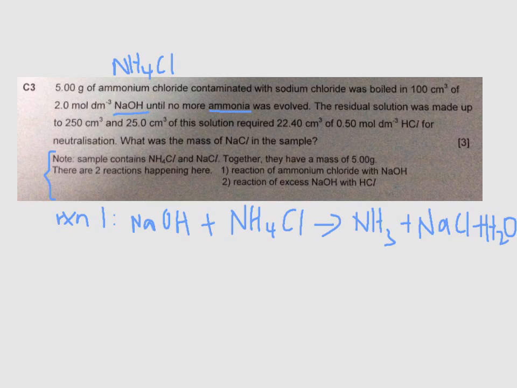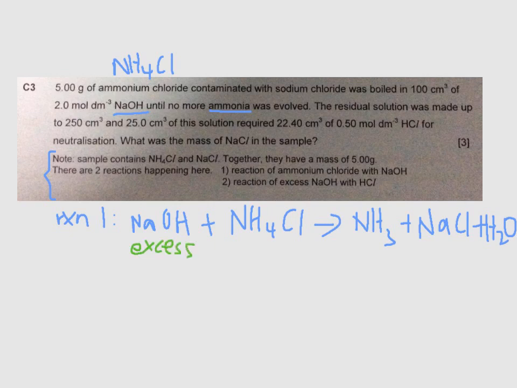So if no more ammonia was evolved, it's giving you the hint that no more ammonium chloride is present to react. So ammonium chloride must be the limiting reagent, and therefore is used up, and hence without ammonium chloride present, even if you have NaOH, ammonia gas will not be evolved. So your sodium hydroxide over here is actually the excess reagent.